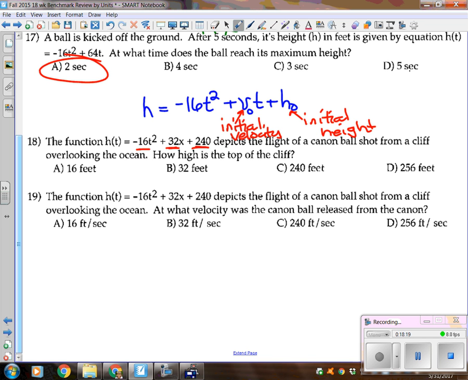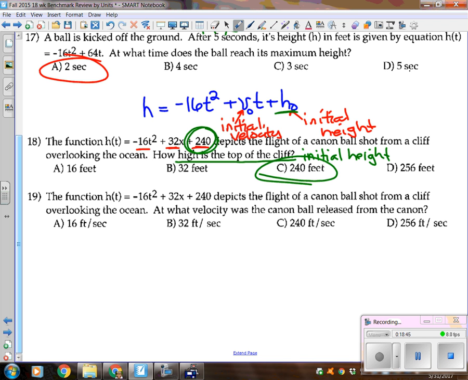In other words, how high is this cannonball when it's at the top of the cliff when they're shooting it off to begin with? I'm really asking you for the initial height, okay? And actually, there's nothing that you should calculate. It's a recognition of what information you have. 240 tells me the initial height because it's the number at the end that's already there when I begin. So number 18 is simply C.